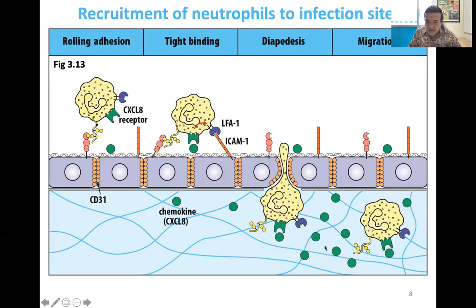like IL-8 or CXCL8 that are being made by macrophages that are not shown on this slide because the macrophages might be below the slide here, right, in the tissue, fighting the bacteria, right, sending out a cloud of these green CXCL8s. The neutrophils have the right receptor protein, CXCL8 receptor, so that they're sort of sniffing out, right?